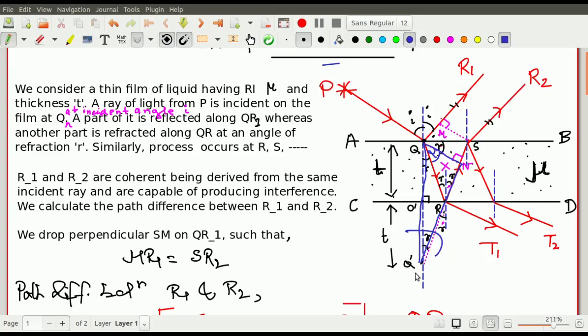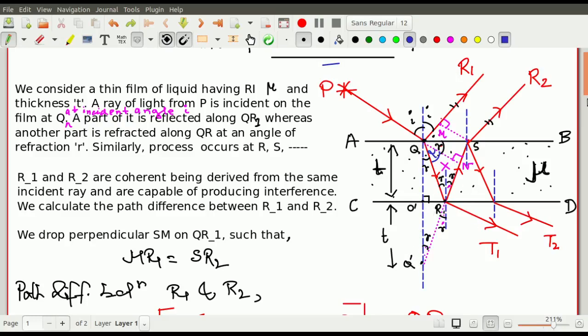Cosine means base by hypotenuse. This is my base and this is my hypotenuse, so cosine of R is Q dashed N by Q dashed R, and Q dashed R is 2t, okay?